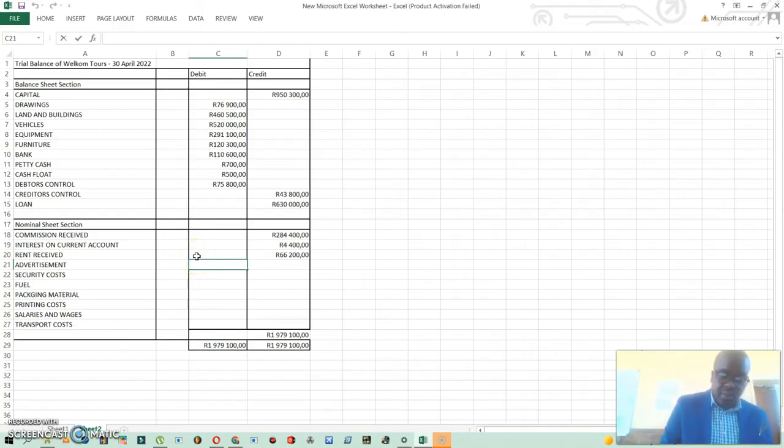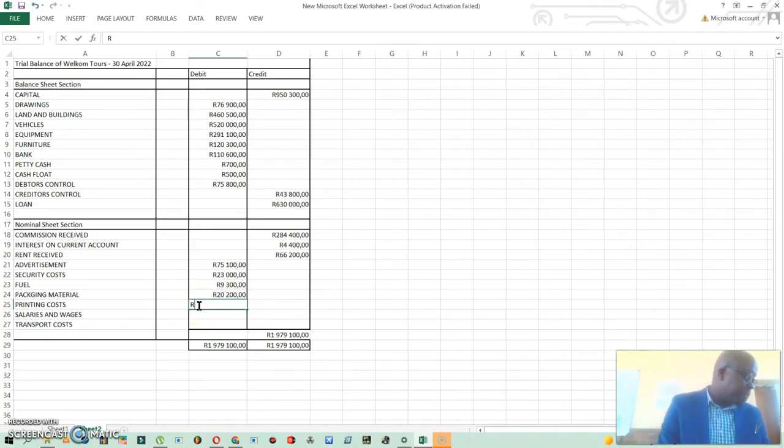Advertisement was 75,100 for that month. Security cost was 23,000 for the month. Fuel, we used fuel to the amount of 9,300. We have packaging materials of 20,200.